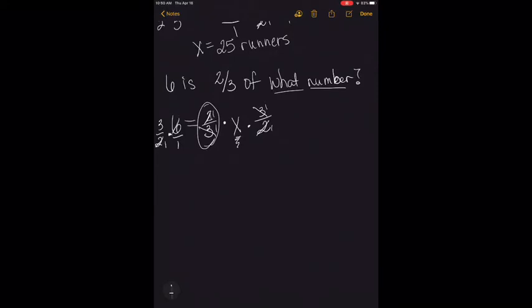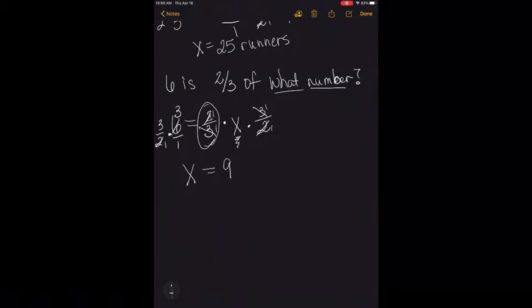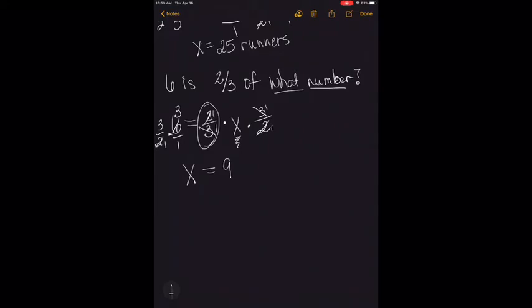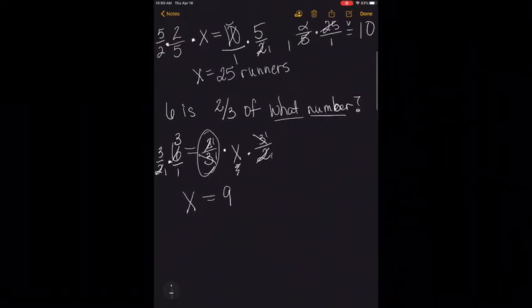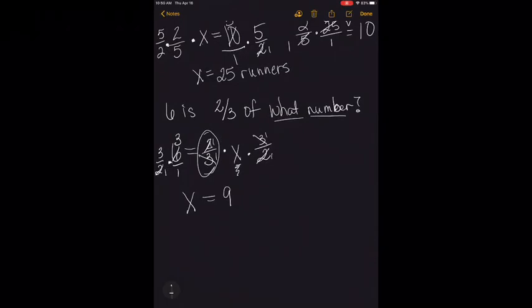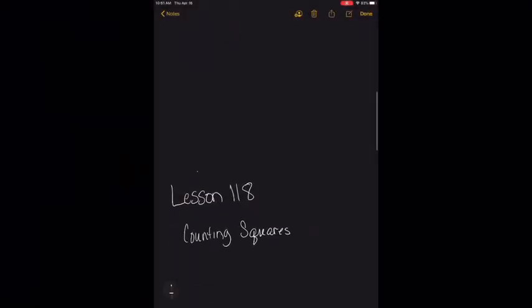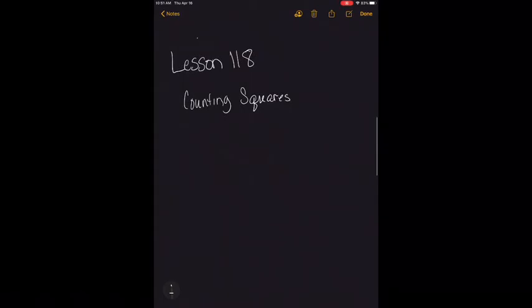And we have to multiply this by the reciprocal, which is 3/2. And the 2 becomes a 1, the 6 becomes a 3, and we find out that our unknown number is 9. So 6 is 2/3 of 9. All right, I'm only going to do those 2, and I'd like for y'all to try the rest on your own.